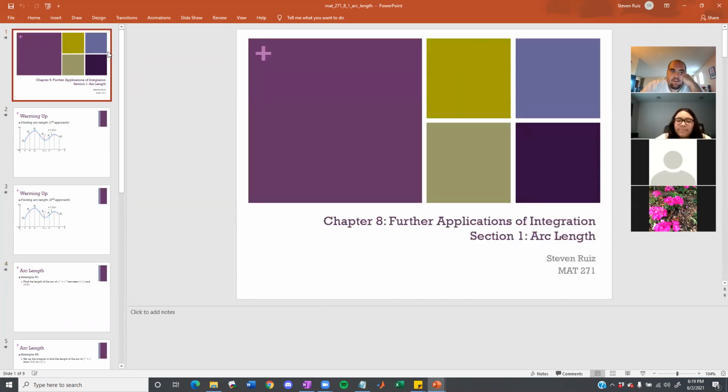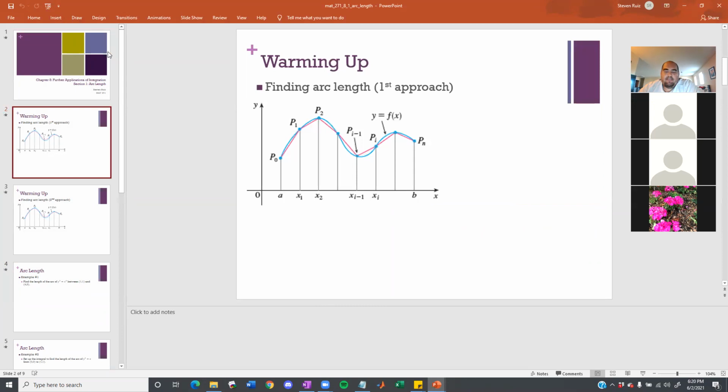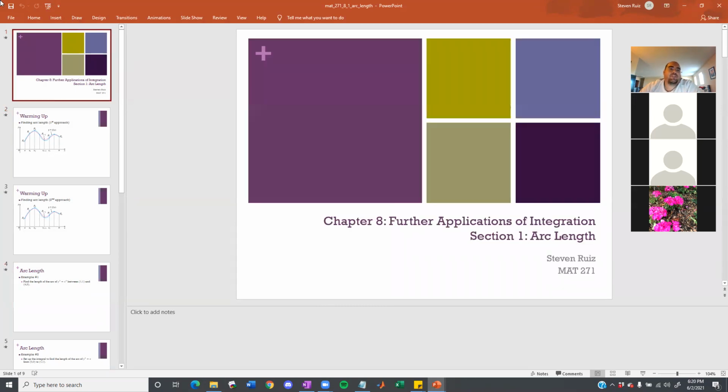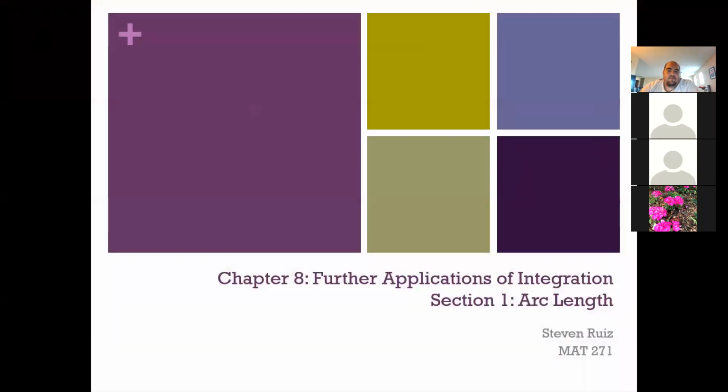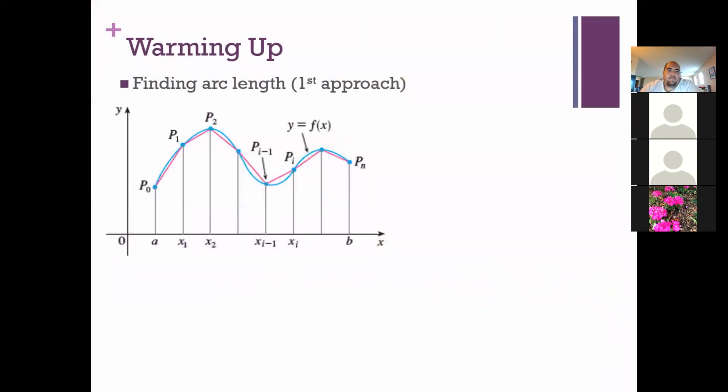So we're going to be talking about arc length, which is probably something you've done in relation to circles before, but now we're going to generalize that so we can find the length along any curve, along any function. So let's build up to that. The rationale is basically this, and we'll go through this in a couple different ways.